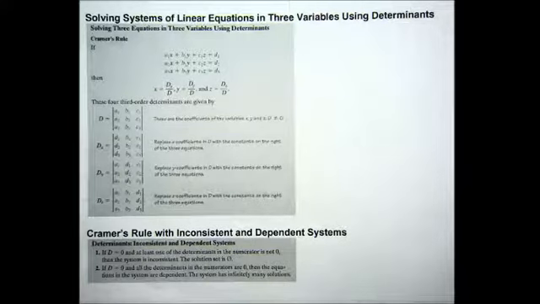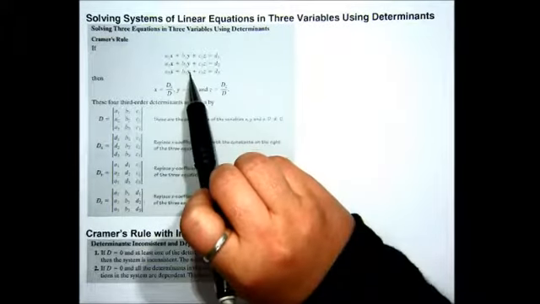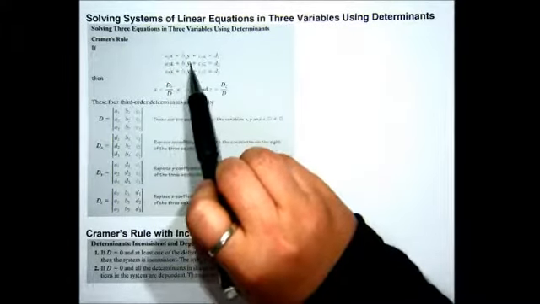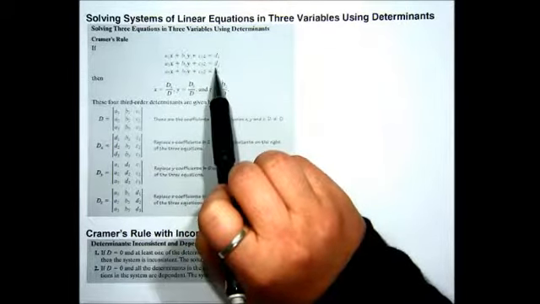Let's talk about Cramer's rule for solving a system of linear equations in 3 variables. Cramer's rule is a way of using determinants to solve your system of equations. So for example, if you have a system of 3 equations, you've got an x, a y, a z, and an answer.